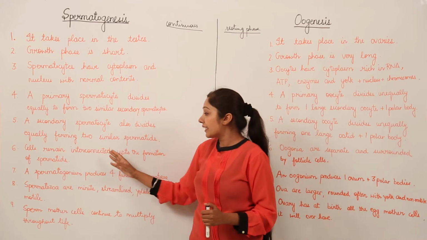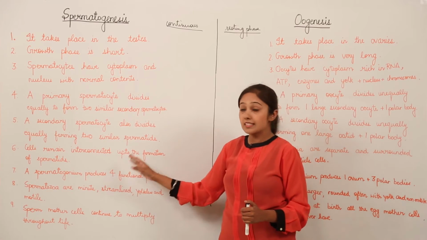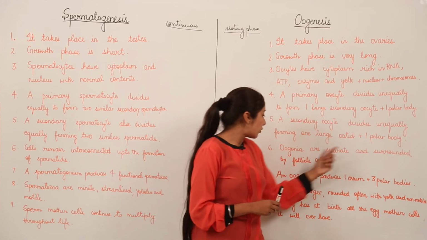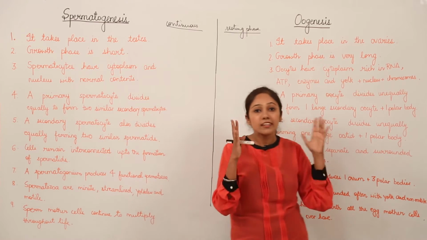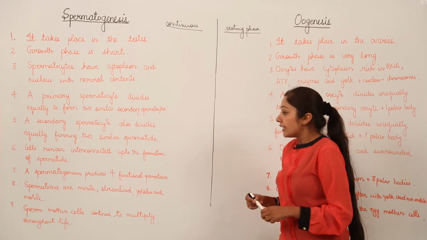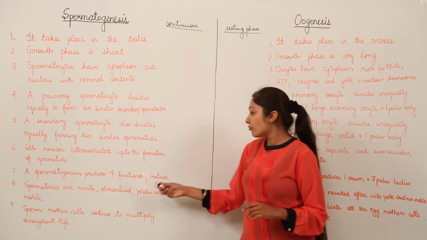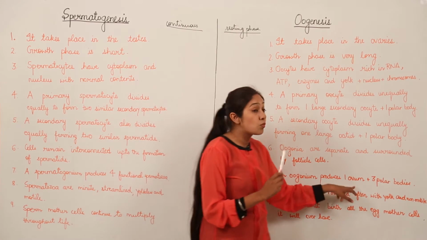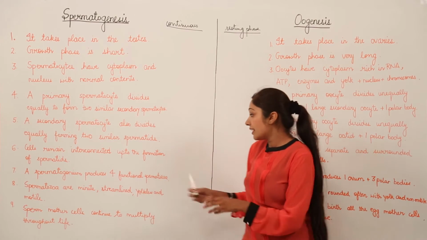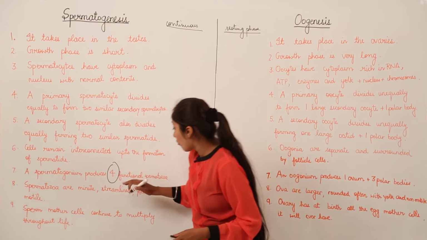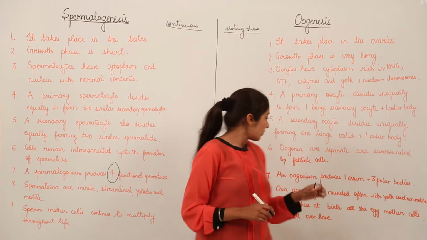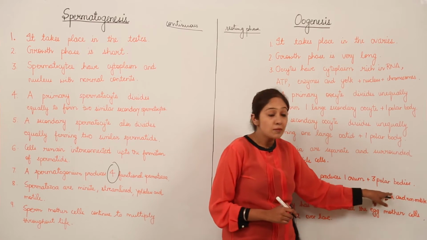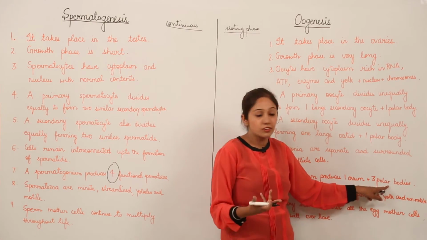Cells remain interconnected up to the formation of spermatids in spermatogenesis, but oogonia are separate and surrounded by follicle cells, as we have studied in the structure already. Then a spermatogonium produces 4 functional spermatozoa, but an oogonium produces 1 ovum only. Here we have 4 functional spermatozoa, but here an oogonium produces 1 ovum and 3 polar bodies which are not functional.